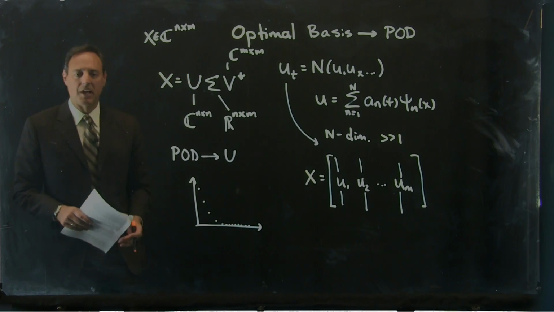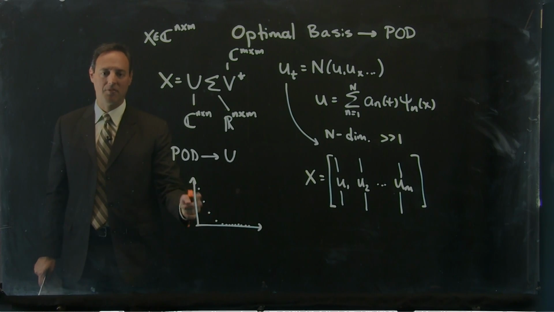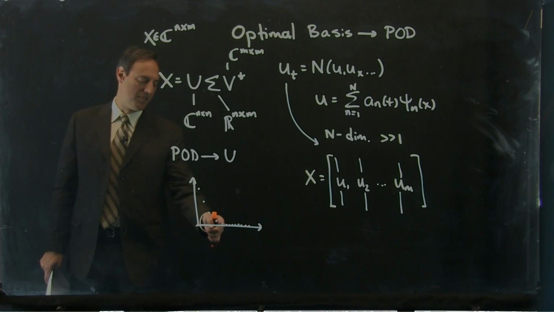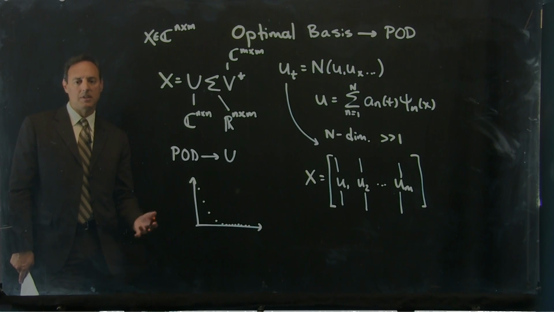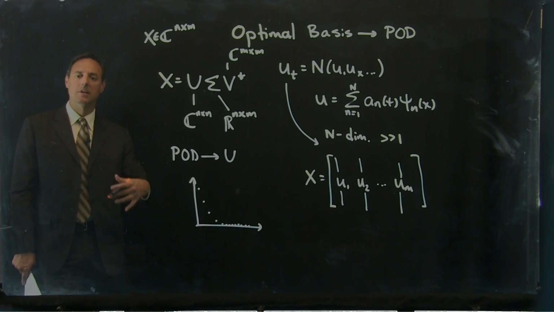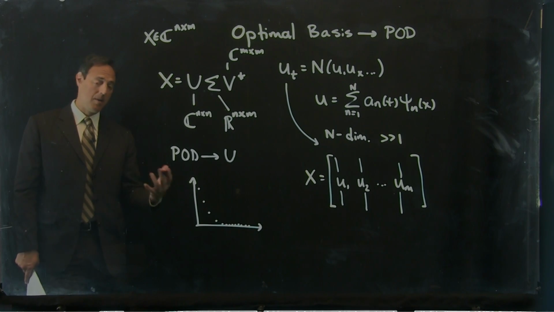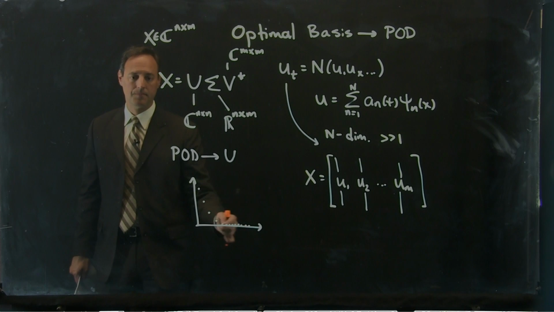And of course, this is the ideal thing we'd like to see, that there's a few dominant modes. Here I've drawn 4 or 5, and then the rest are kind of near 0. What it tells you is that there are a certain number of modes that seem to capture all the variance or all the correlative structure in your data. And there's a lot of modes that don't do anything for you, which are all out here sitting on the tail.